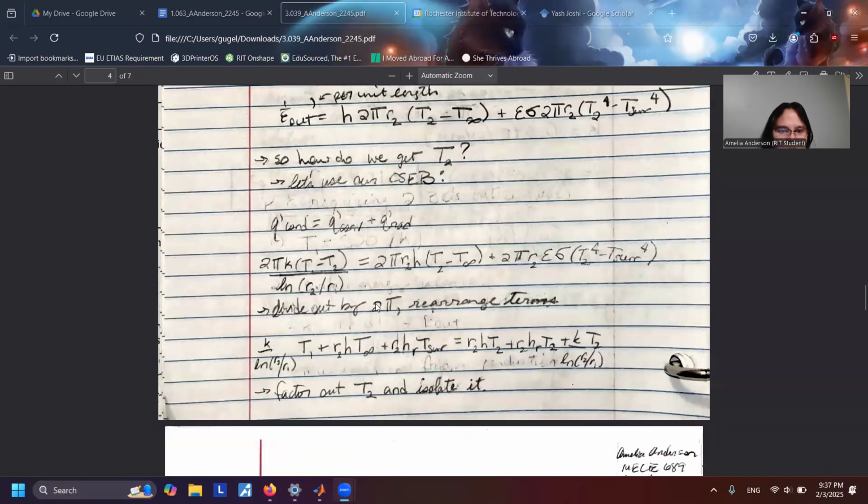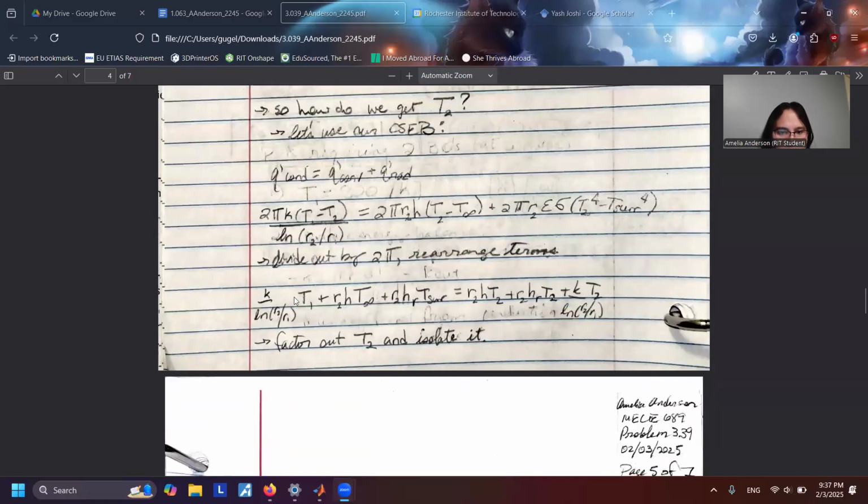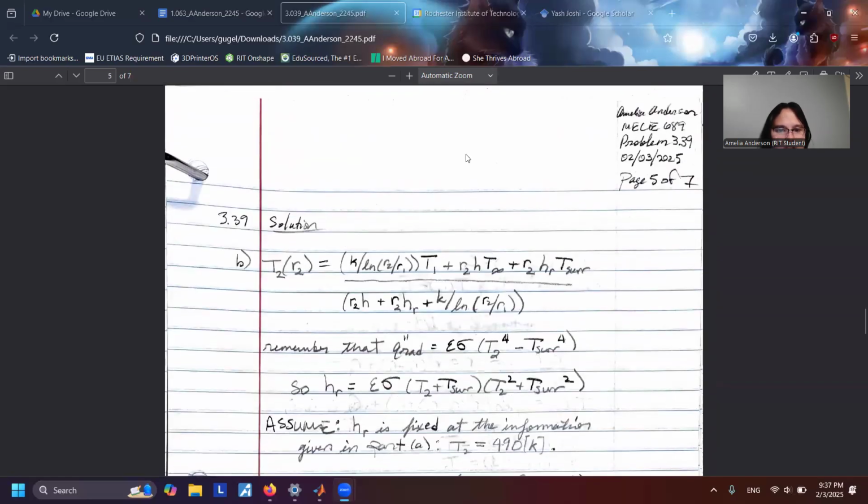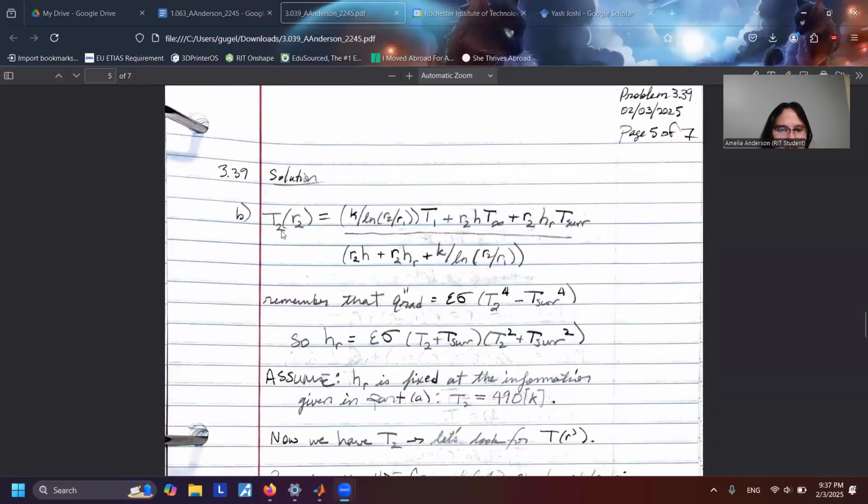If we do a little bit of algebra, divide out by the 2 pi and rearrange the terms, we've got this long, funky equation that's got your K over ln ratio, and then you've got your T's and your other stuff. But you notice we can move all of the T2 terms to this side. So if we factor out the T2, isolate it on this side, and then divide it back under, we get T2 as a function of R2, and it's this whole mess over here.